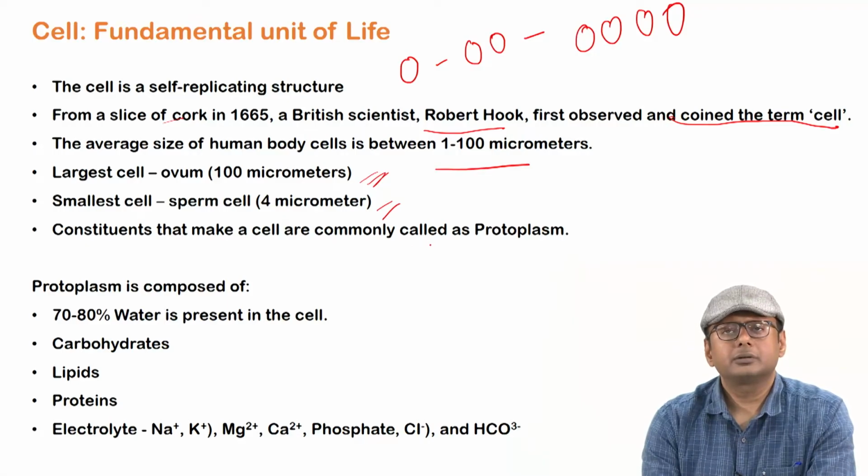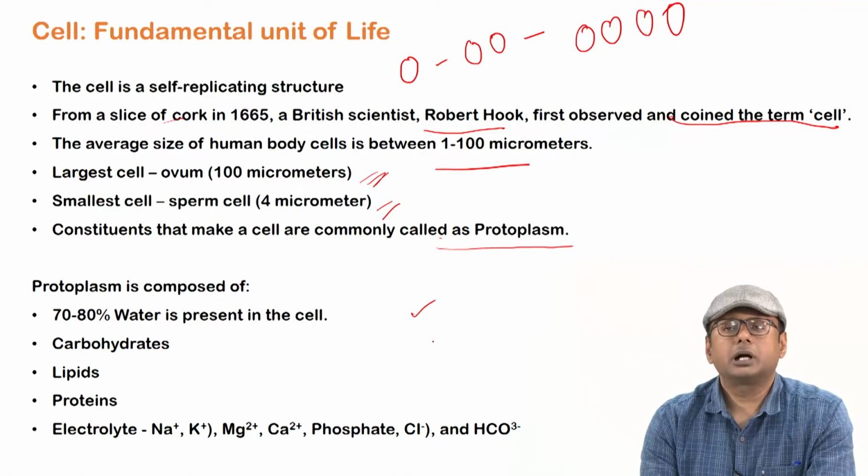The constituents that are part of a cell are commonly called protoplasm. What are the constituents? As you know, the majority of our body contains water. In the same way, 70 to 80% of our protoplasm is made of water.